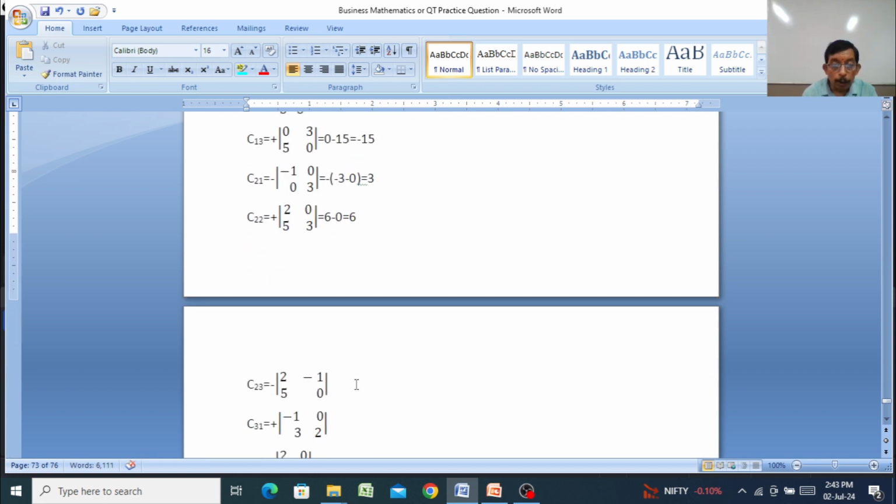Now C23: start the bracket, 2 into 0 is 0, minus 5 into 1 is 5, bracket close, taking the minus sign, the result is minus 5.